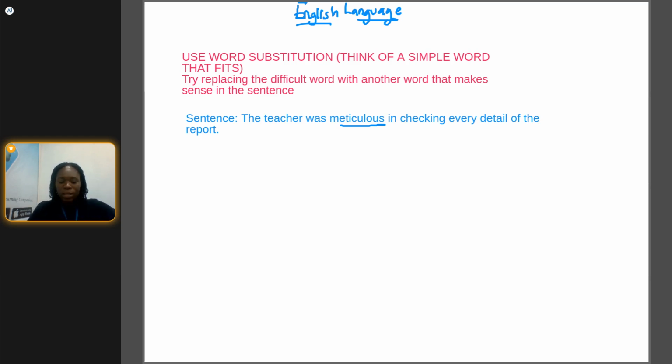What do you do? Now you can have different options. Of course, in examinations, you're going to have four options and you're going to have to choose. If you've been following, I've mentioned that usually in your UTME or even WAEC, you're provided with four options.